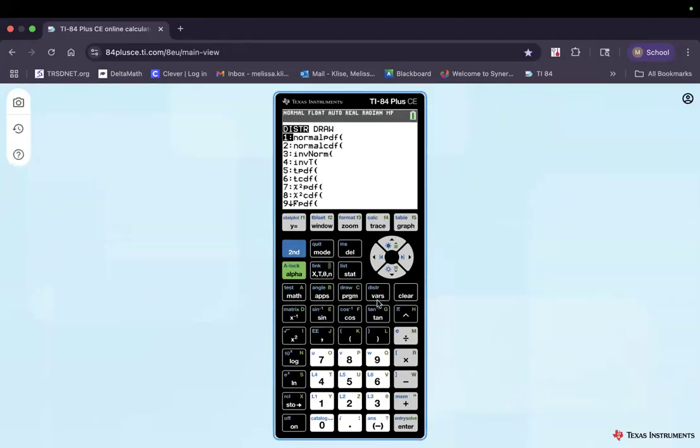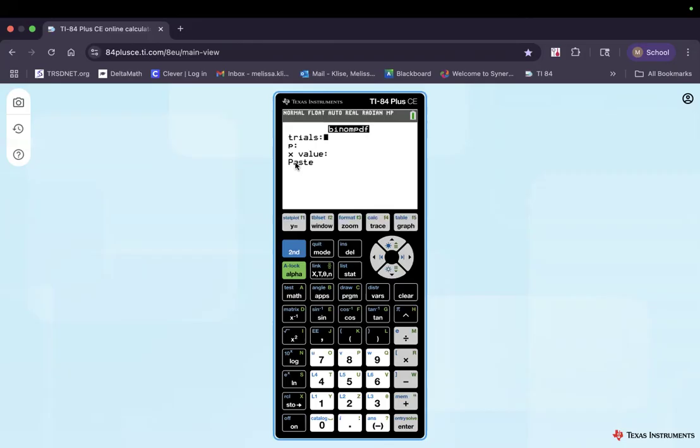That gets me to the distributions. Then scroll down, keep going down to A right there. Binom PDF. That's what we're looking for. I'm going to clear this out and go there again. Second to VARs. Scroll down to binom PDF and hit enter.